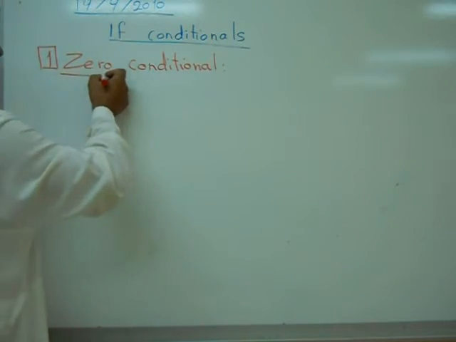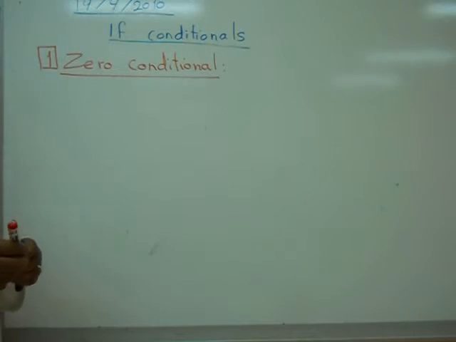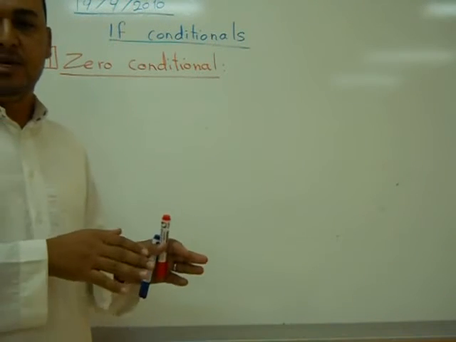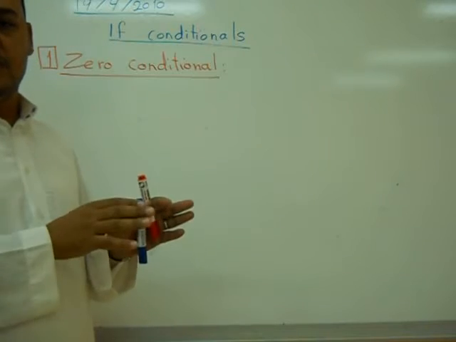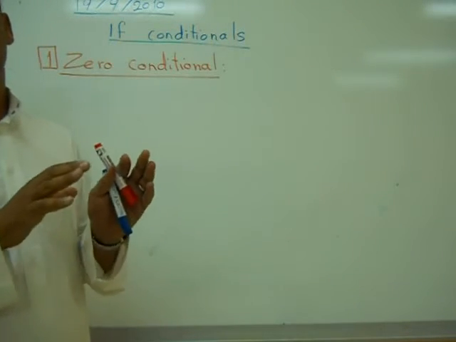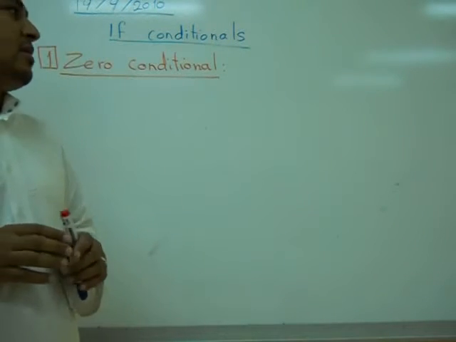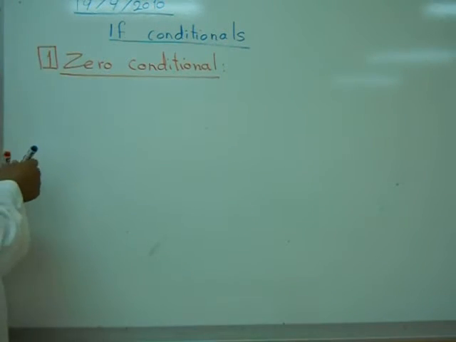Look at the name carefully. We named it zero conditional because we use the present simple with if and the present simple in the other sentence. Okay? Look at this rule.